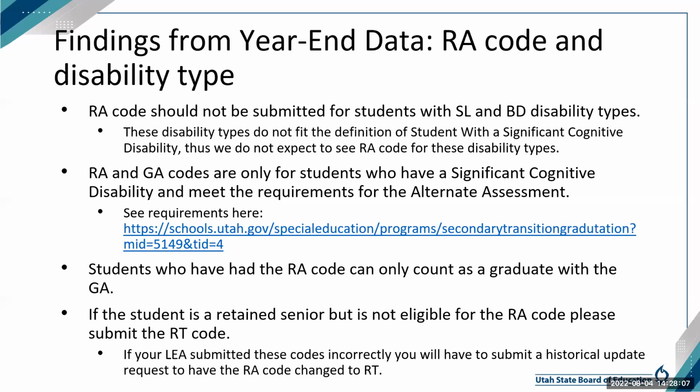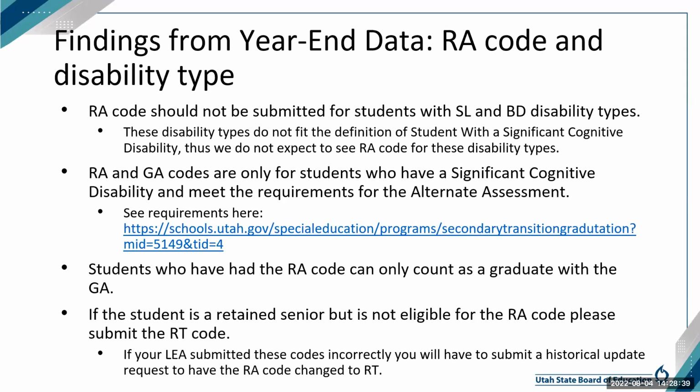Okay, and the RA code and disability type. The RA code should not be submitted for students with an SL or BD disability type. These disability types do not fit the definition of students with significant cognitive disabilities, and thus we're not expecting to see the RA code for these disability types. Again, it's just a reminder, these are for the significant cognitive disability, and you can see the requirements from that link.